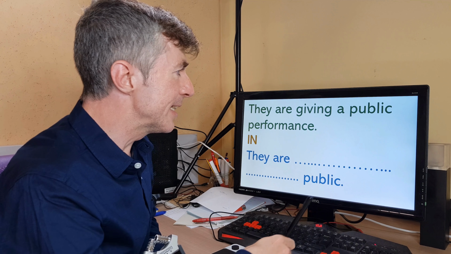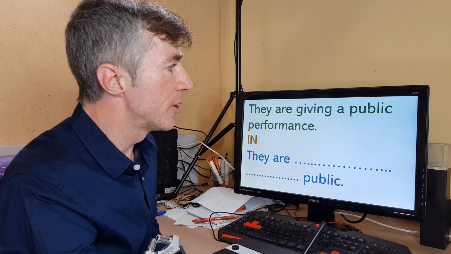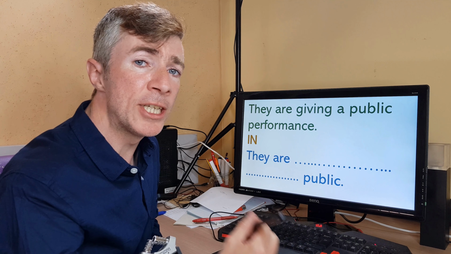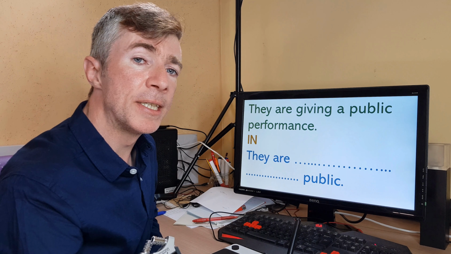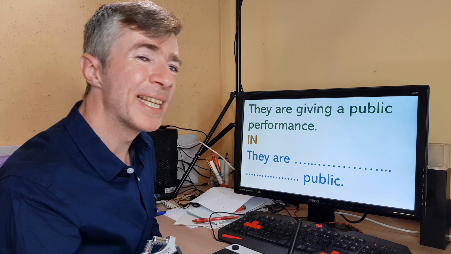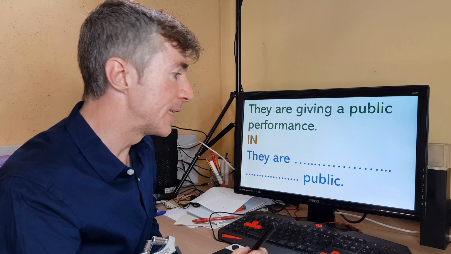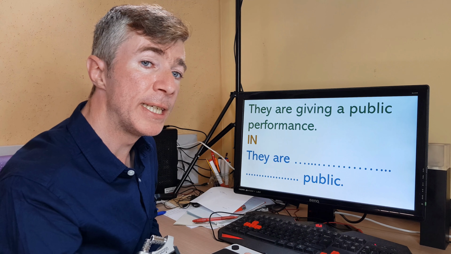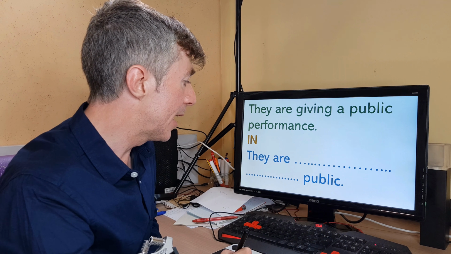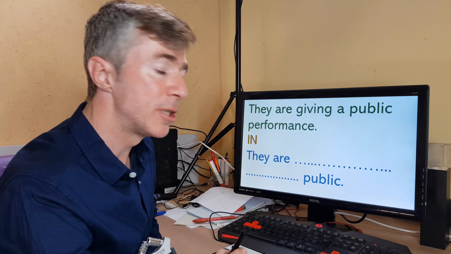Here we can see that in the original sentence we've got the word public used as an adjective, but in the second sentence we've got public at the end of the sentence, so it's used in an adverbial way. And because it's used in an adverbial way, we often need a preposition before it.